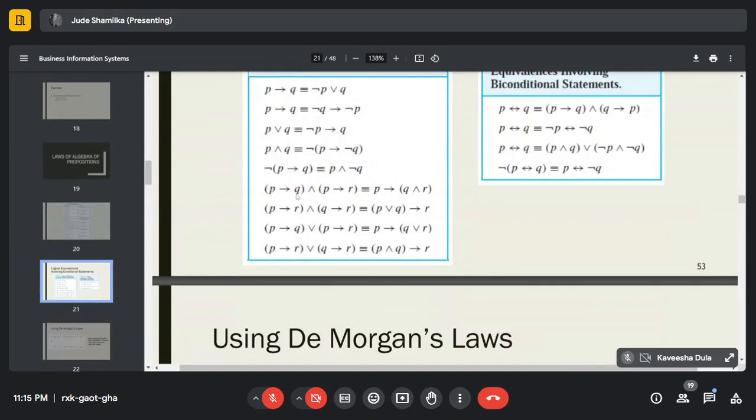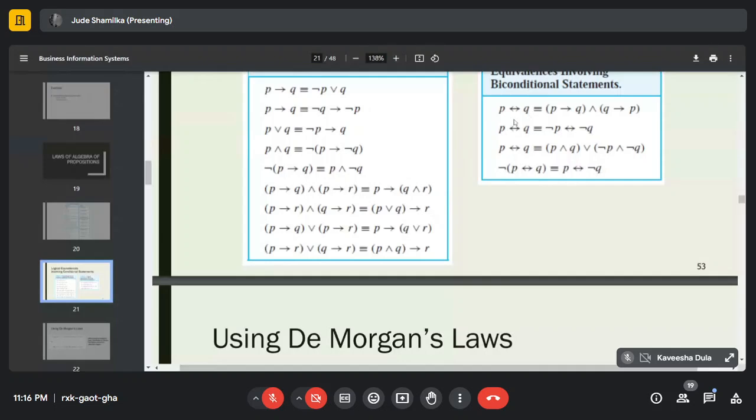Then here the latter part, these ones I think you can understand easily. P implies Q, P implies R, so we can get this connective out. The same thing we did in the other parts as well. I think the only new thing is here. And the biconditional statements, here we can make similar statements.